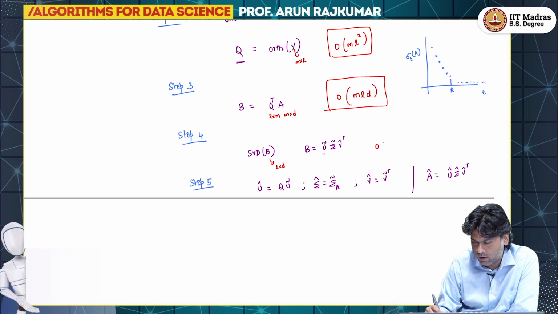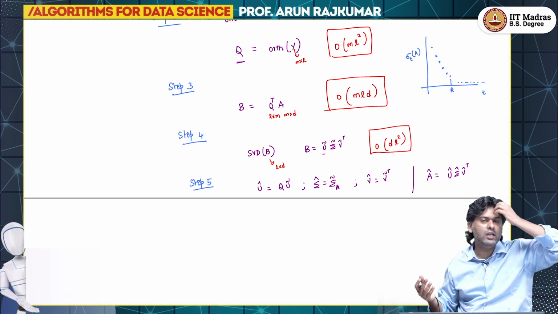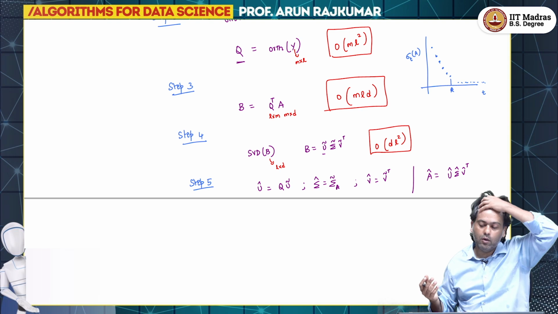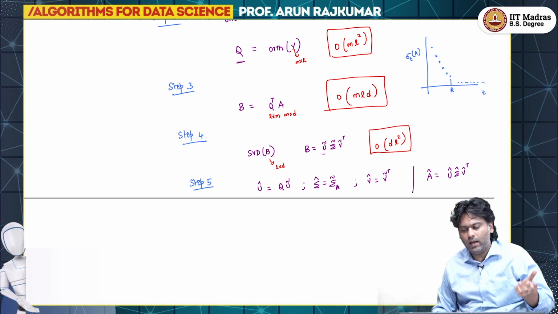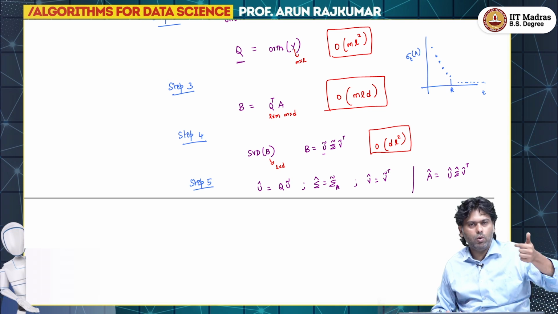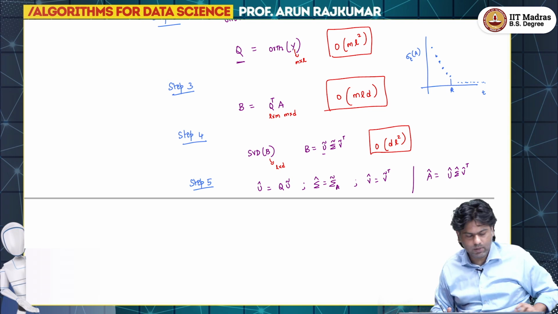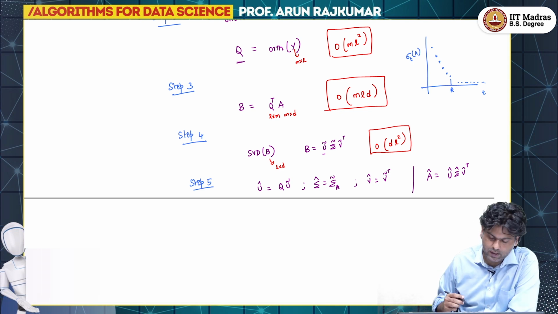So, this takes order of dL squared, right. When it was m cross d, m was larger than d, so it took md squared, but now because we have reduced m to L, we only have L vectors, and if we do it for a d cross L matrix where L is smaller than d, the smaller will square. So, this will be d times L squared. So, that is the time taken for the SVD itself.